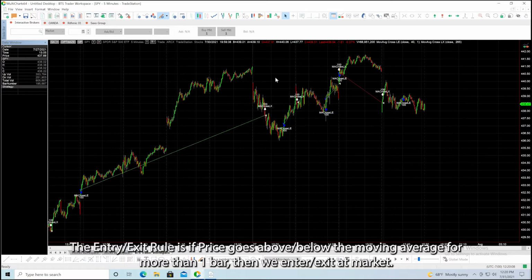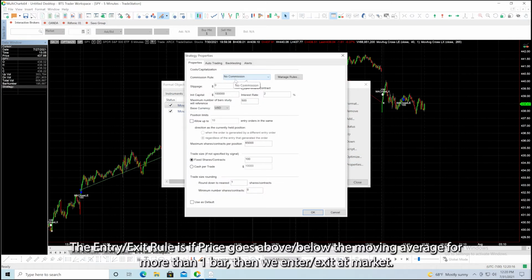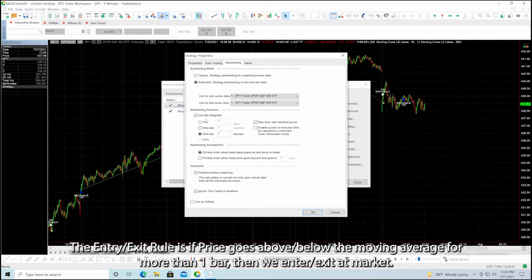And then we'll see how I formatted this strategy, they like to call it a signal, in multi-charts. So we're going to do no commissions because this is just a test on what are the best moving averages to use on the 5-minute chart. This is not a trading strategy. Fixed shares, 100. And we are going to use bar magnifier 1 minute.